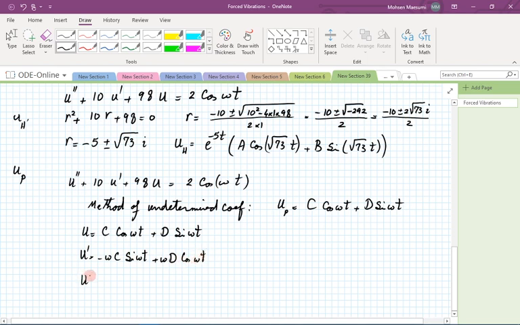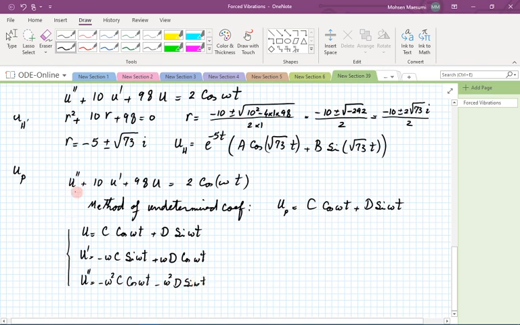Do this thing one more round. Differentiate again, and another omega comes out. Again, remember, if this was a 2, a 2 would have come out, and the next round a 2 squared would come out. But now it is omega squared c cosine of omega t, and the derivative of cosine becomes minus, another omega comes out, d sine of omega t.